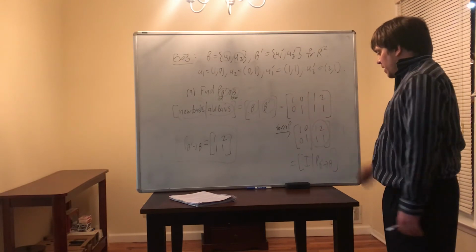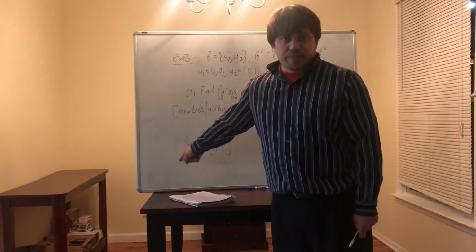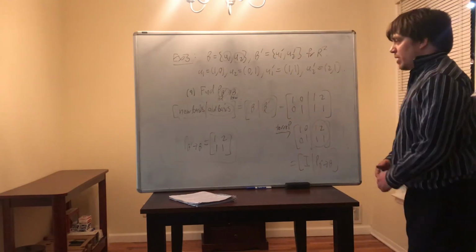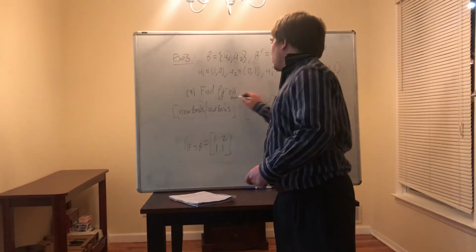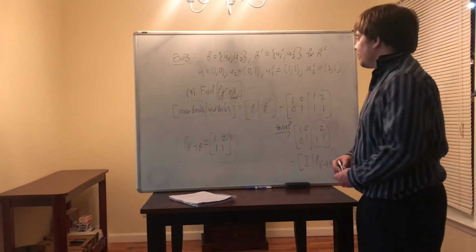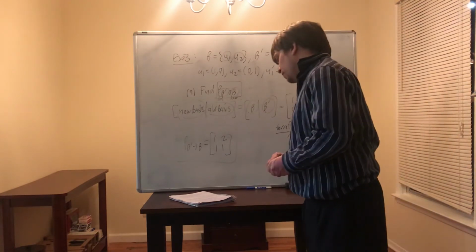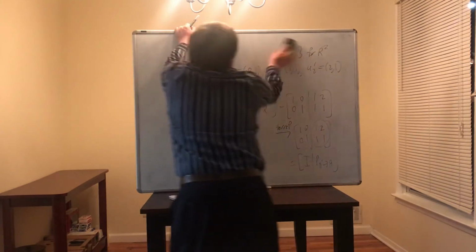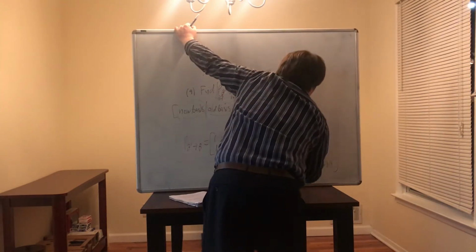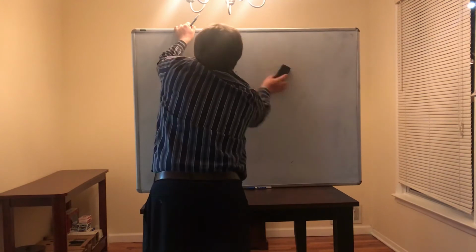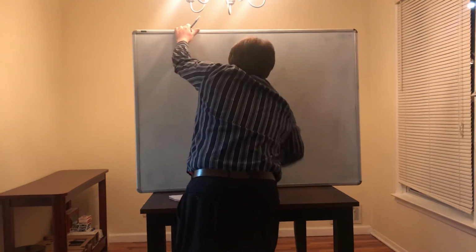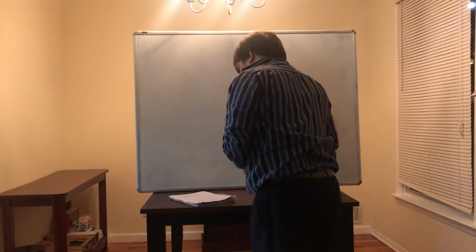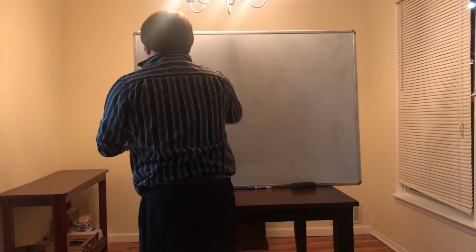The left side is I, the right side is the transition matrix. So this is probably a good method to use when you find the transition matrix from an old basis to a new basis. Okay, and that's example 3. Example 3 is a good example to study when learning how to find a transition matrix for computing it.